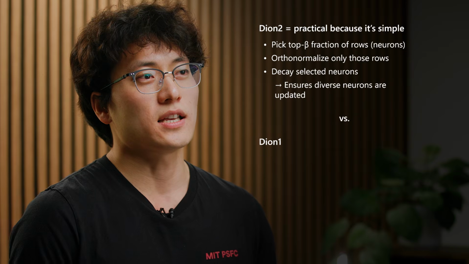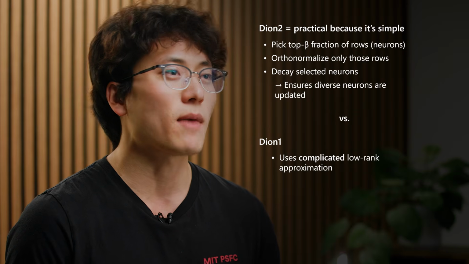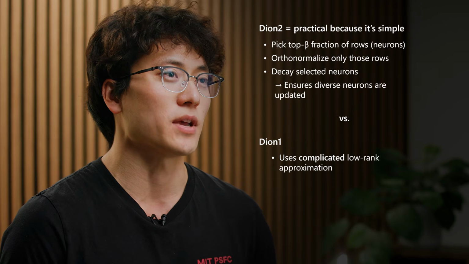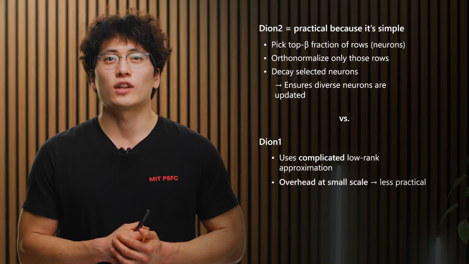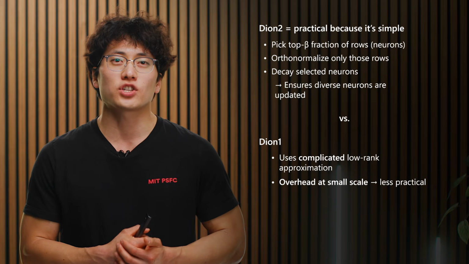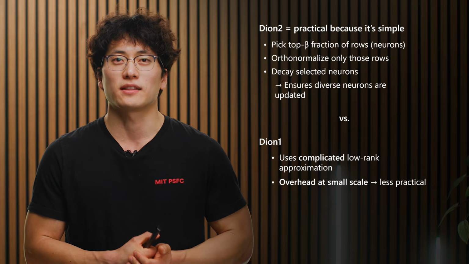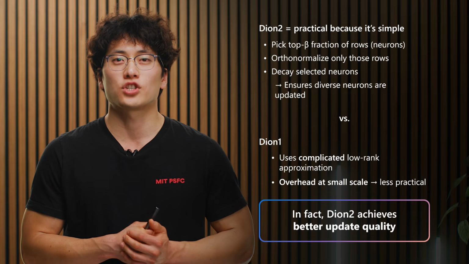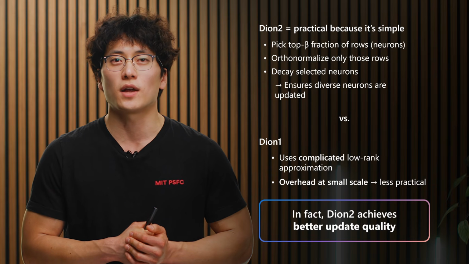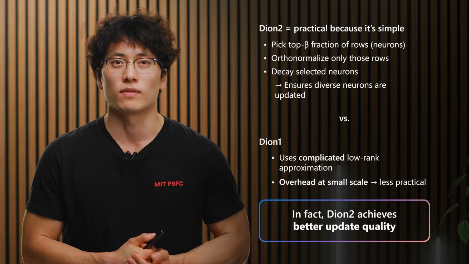This is in contrast with Dion1, which relied on a somewhat complicated low-rank approximation for efficiency, and its reliance on linear algebraic functions comes with overhead at small scale, which makes it less practical. Also, in our experience, Dion2 achieves better update quality than Dion1, making it a better and more practical optimizer than Dion1.